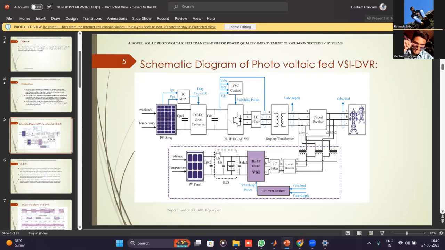These problems are addressed in TransZSI. TransZSI has shown superior performance in price, voltage gain, and voltage stresses on the switches, where we control each leg of the TransZSI DVR inductors.